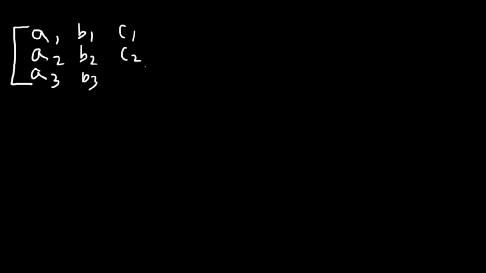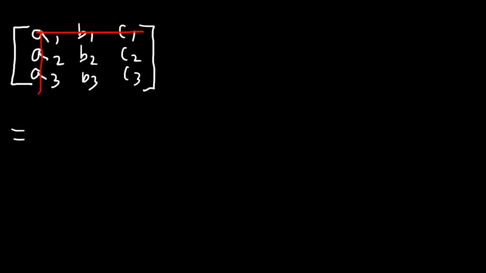Now what about a 3x3 matrix? Let's say this is A1, A2, A3, and then B1, B2, B3, C1, C2, C3. So let's go over the formula first. The first thing you want to do is get rid of the first row and the first column.